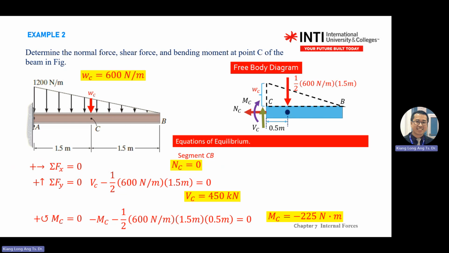Or in some cases, after you get negative, MC equals negative 225 Newton meter, you can write MC equals 225 Newton meter and give the direction. This one should be anti-clockwise.